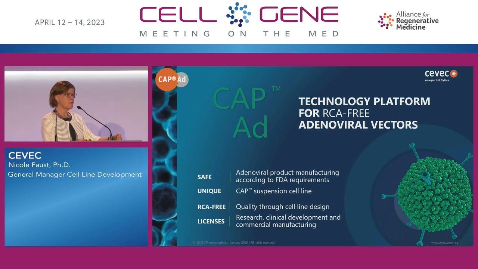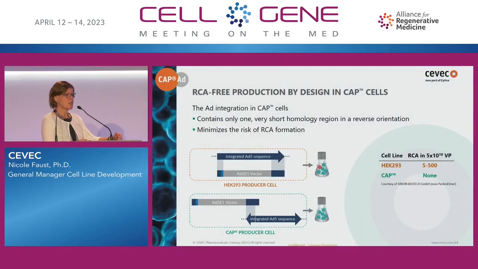And some inherent risk in adenoviral vector production is actually the formation of RCA, replication-competent adenovirus. It happens from time to time when you produce on an HEK cell, just due to the fact that the HEK cell contains a fragment of the Ad5 genome.